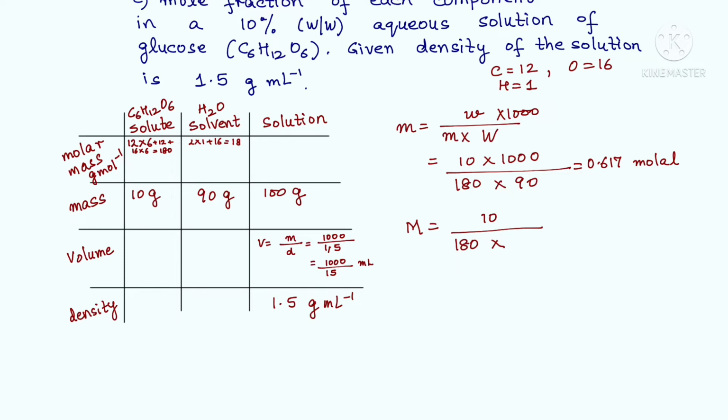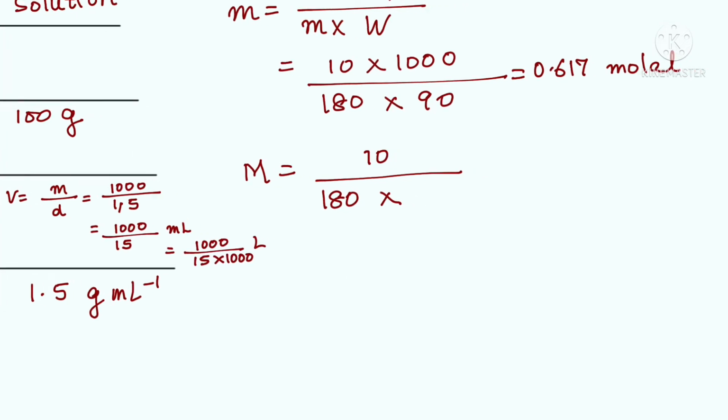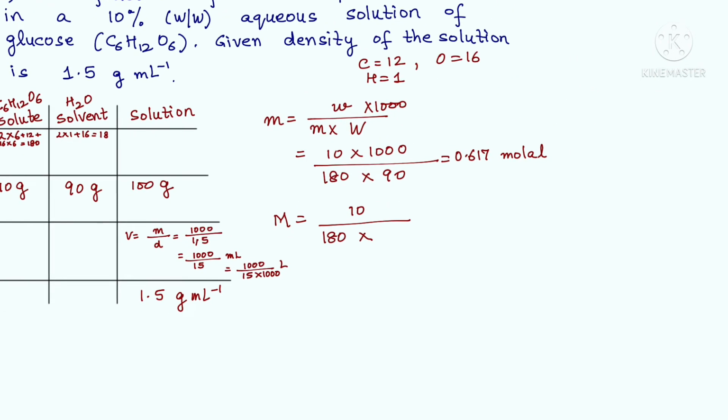So milliliters to liters. How do you convert milliliters to liters? You divide it by 1000. Now you realize why I didn't cancel it. So I will simply have it as 1 by 15.